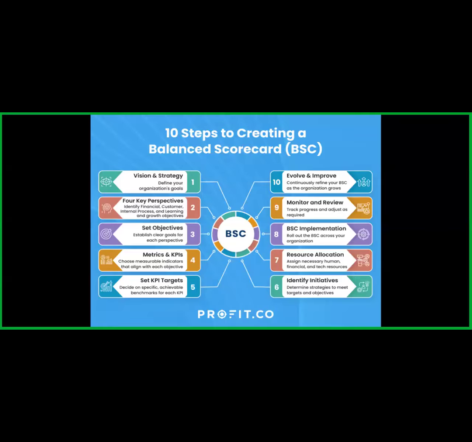That will give a clear picture whether the organization is moving in the right direction or not, whether the organization will be able to achieve the target or not. So everything has to be measurable. We should be able to measure. So under step number 4, we need to choose measurable indicators.